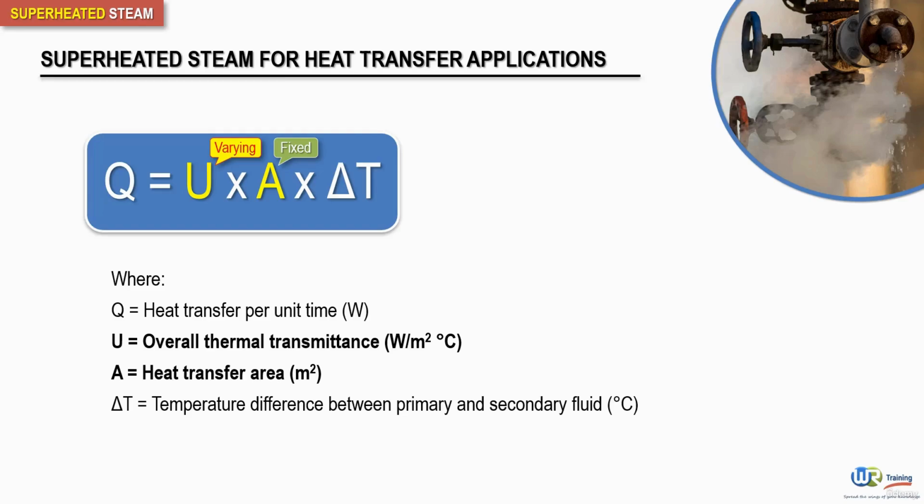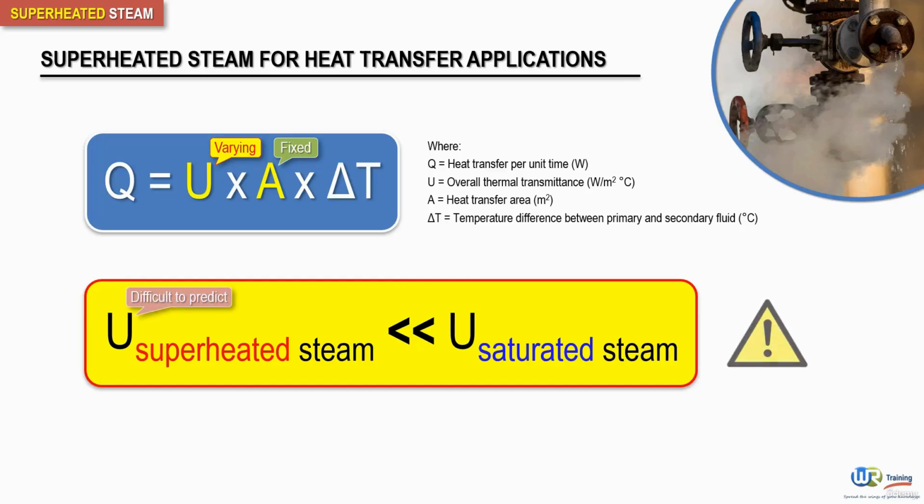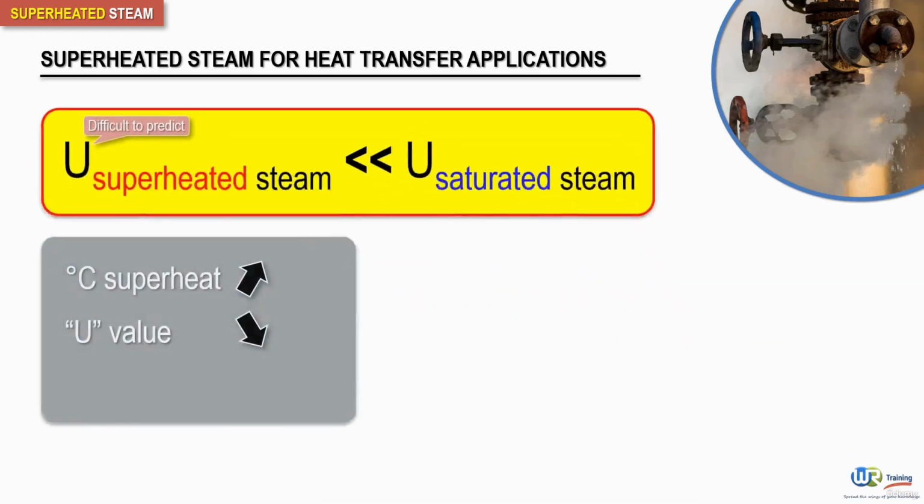The overall U value for superheated steam will vary throughout the process, but will always be much lower than that for saturated steam. It is difficult to predict U values for superheated steam, as these will depend upon many factors. But in general, the higher the degree of superheat, the lower the U value.